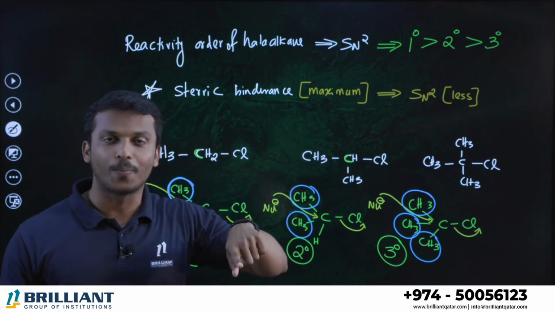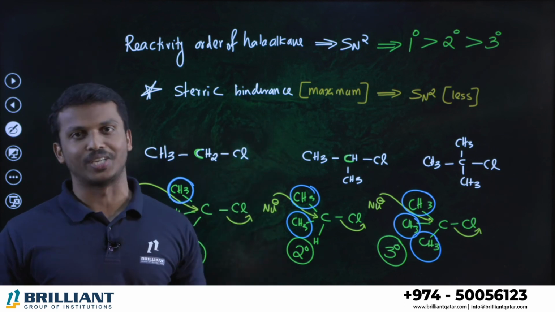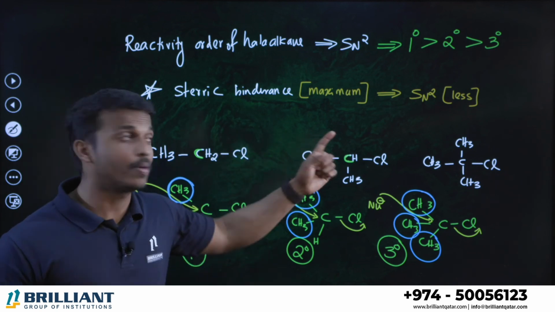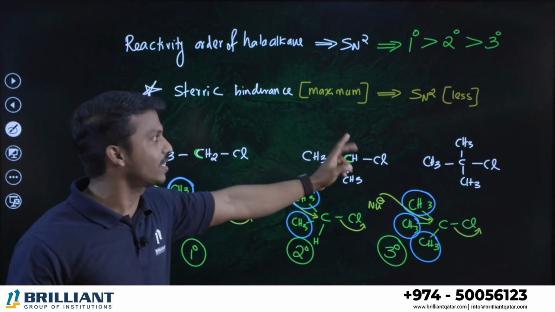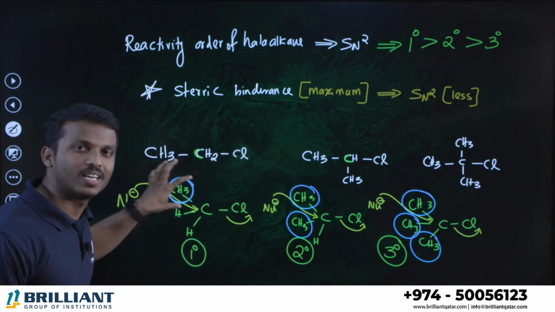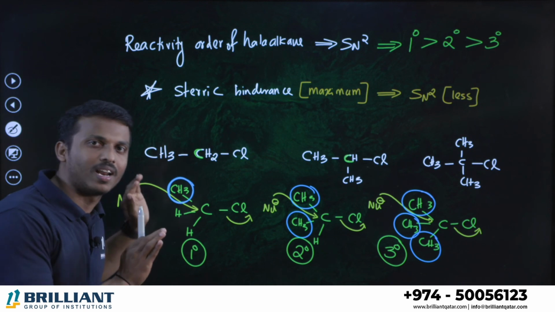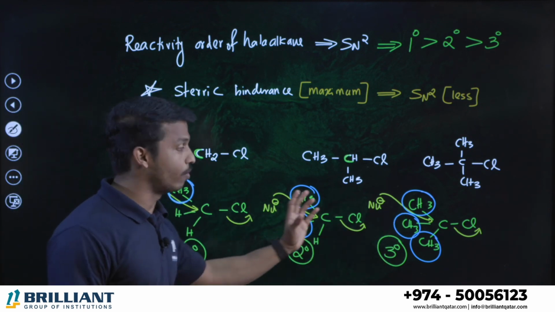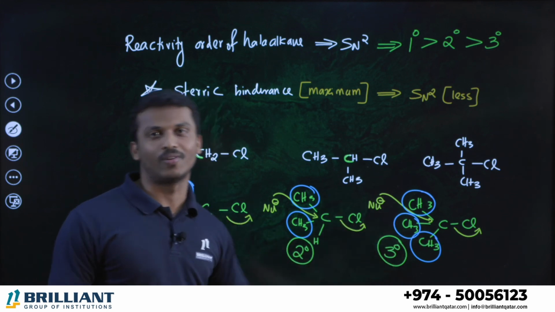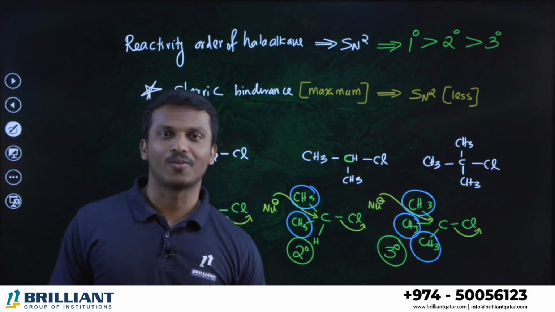But here it is just the opposite: primary, secondary, tertiary. Did you get the reason why primary undergoes the SN2 reaction faster? Because in primary the steric crowding, the bulky groups, are lesser in number. But in tertiary, it is not possible. There are so many bulky groups, so the nucleophile cannot attack. Is the concept clear to all of you?